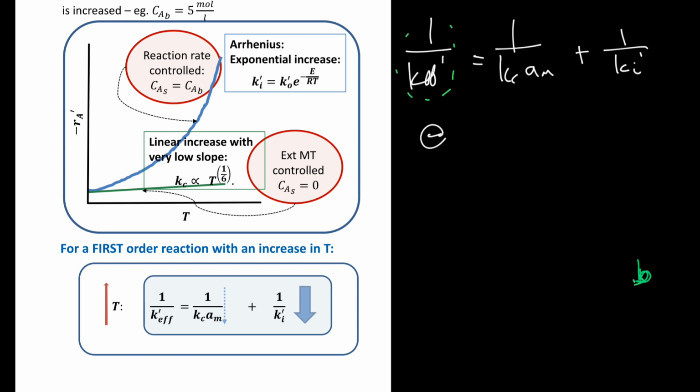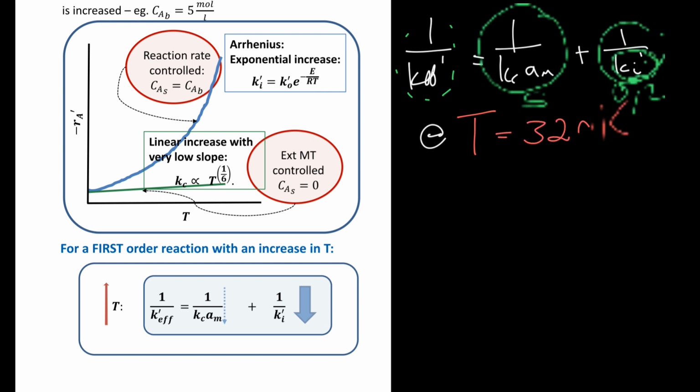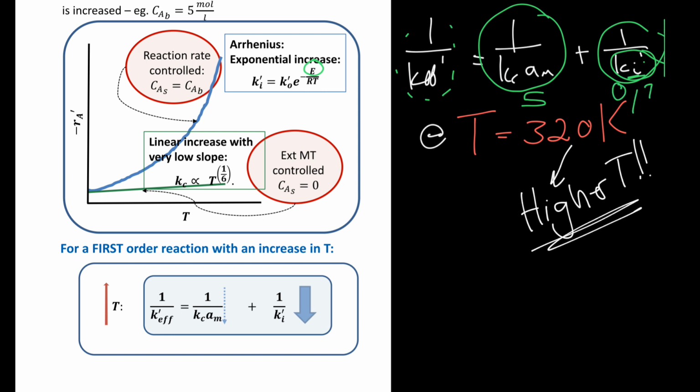So let's say I now increase my temperature. I increase it from 300 and I don't have to even increase it by much. Let's say I increase it to 320 Kelvin. The implication is that this parameter will remain pretty much constant at 5. But this one, depending on the size of the activation energy, is going to increase exponentially, so this whole term is going to decrease exponentially, such that it may in fact at that higher temperature be equal to 0.2.